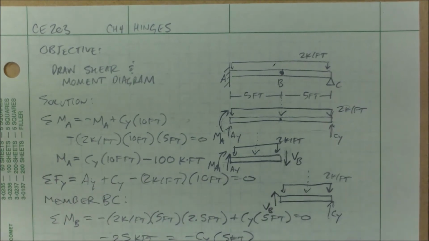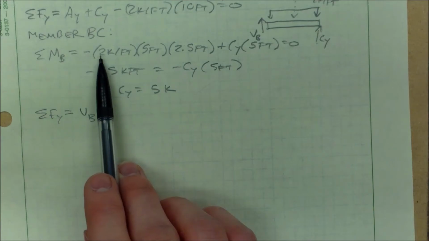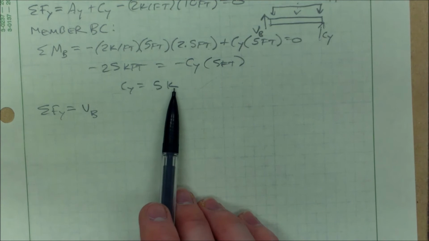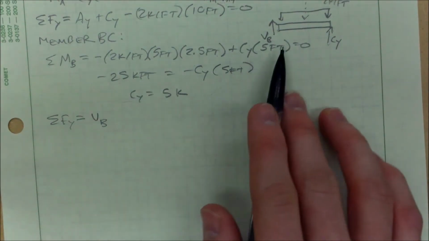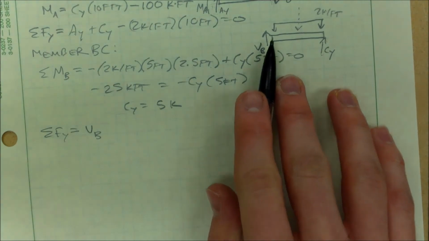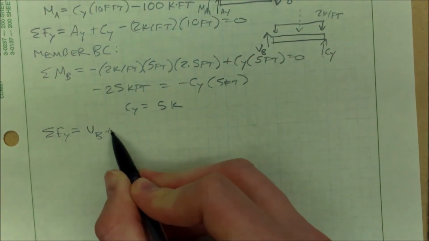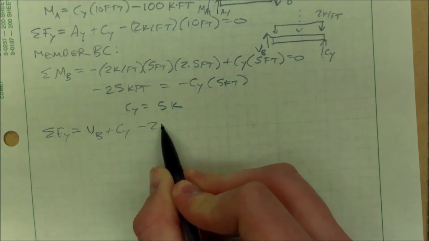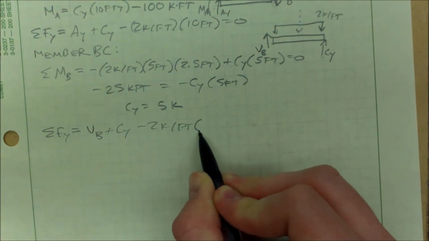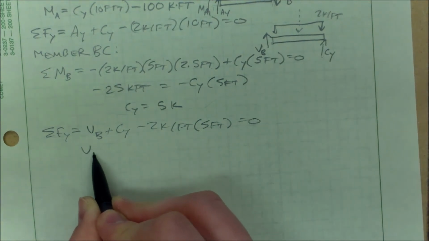So let me find VB so I can know VB on this side. I have CY equals 5 kips. Let me take the sum of the forces in the y direction so I can find VB. VB plus CY minus 2 kip per feet applied across 5 feet equals 0.